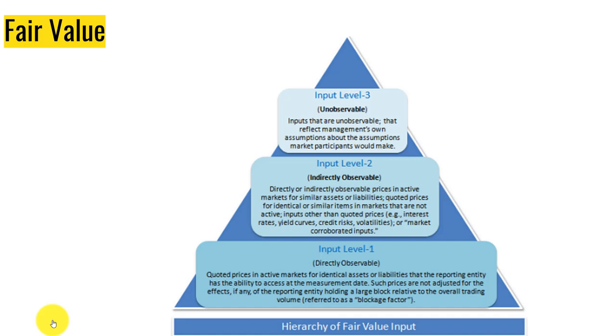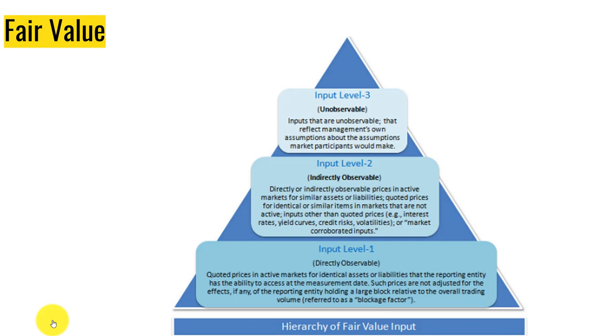So the first level is when prices are easily found. There's a well-established market. They're trading on, say, the New York Stock Exchange. You just look up the price. You know how much it is per share or per bond or whatever the asset is that's being exchanged.